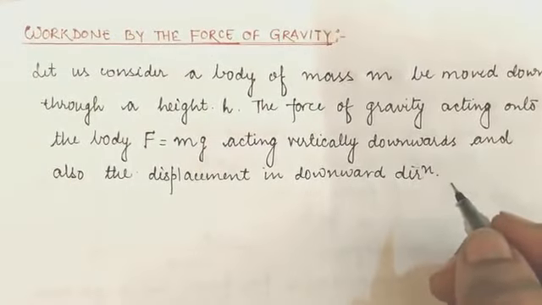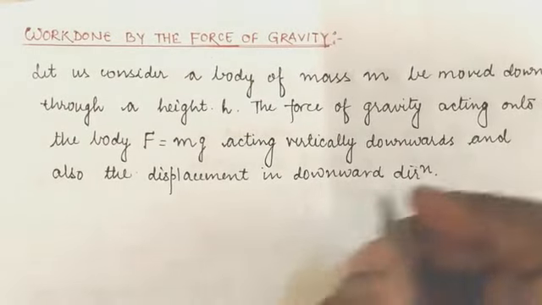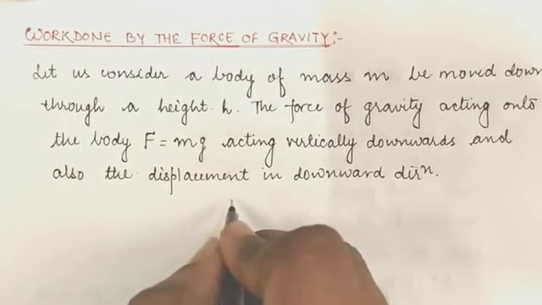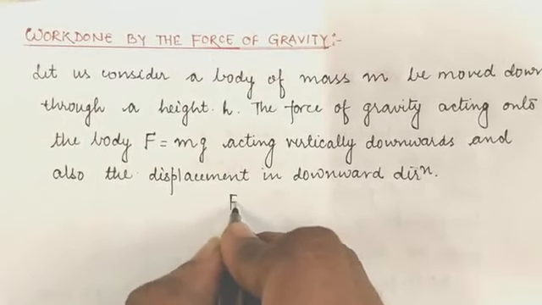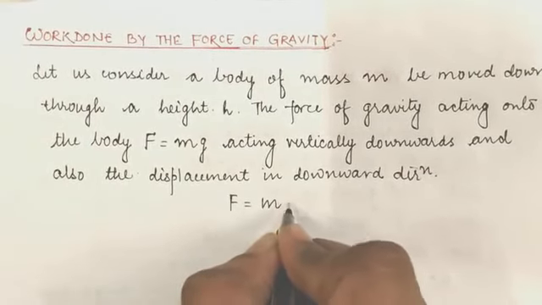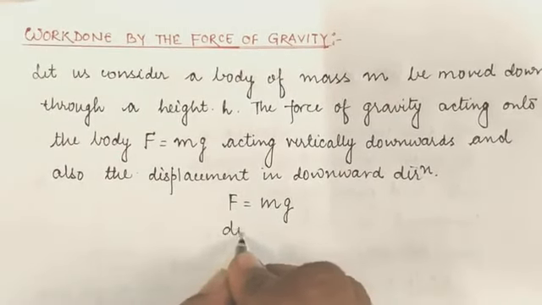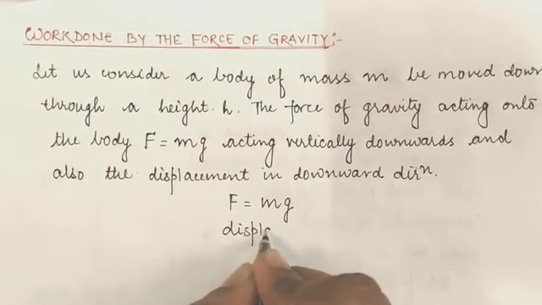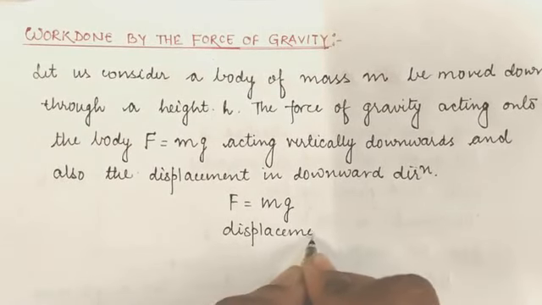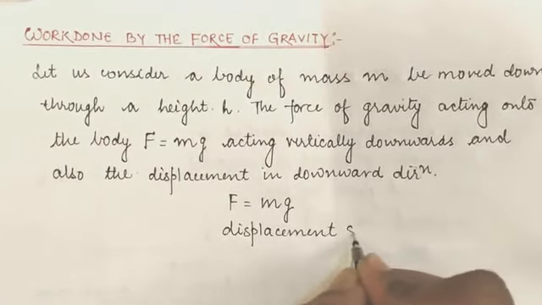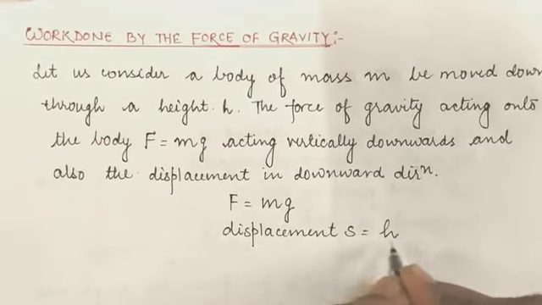So here theta becomes 0 degree. So as we are knowing, let us sum up what we have achieved here, that force is equals to mass into gravity, already we have calculated, and here displacement, which is always given by s, displacement s is nothing but the height, which is h.